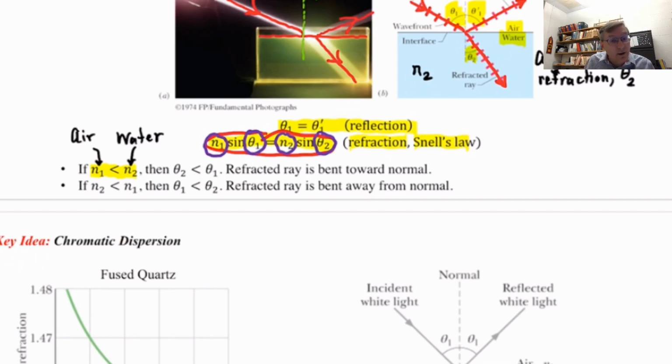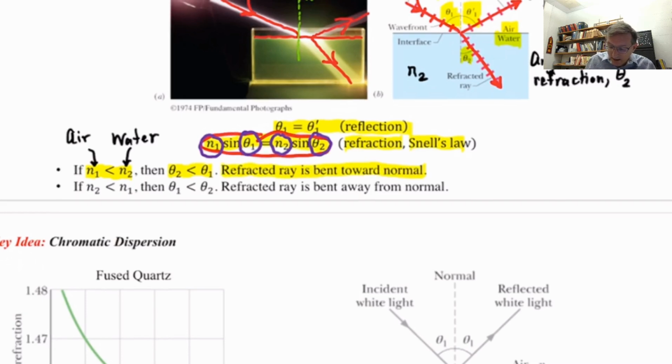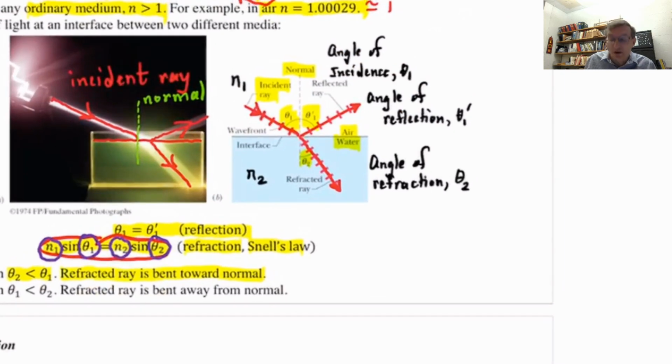You've got to think about that equation a little bit. But if N1 is less than N2, then the law of refraction requires that theta 1 is greater than theta 2. And the refracted ray angle is the smaller one, and that's what the picture up here shows. Yes, the picture shows theta 1 is larger than theta 2.